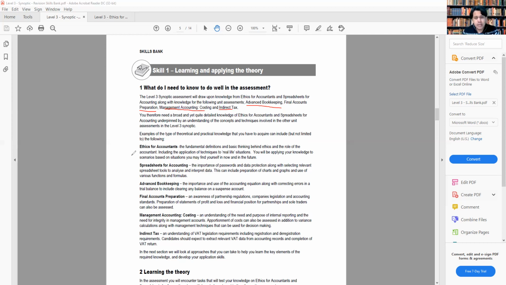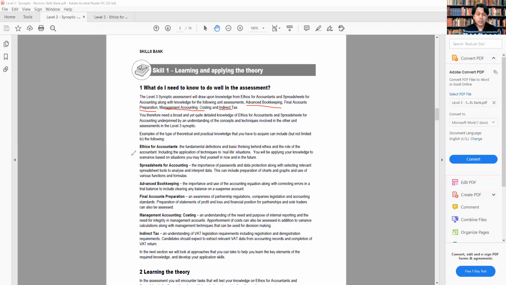On ethics for the accountant, they will give you a real life scenario, and you have to tell what the possible threat is, what the fundamental principle involved is, and what the safeguard is. So 3 things. First, you have to know the fundamental principles of ethics.